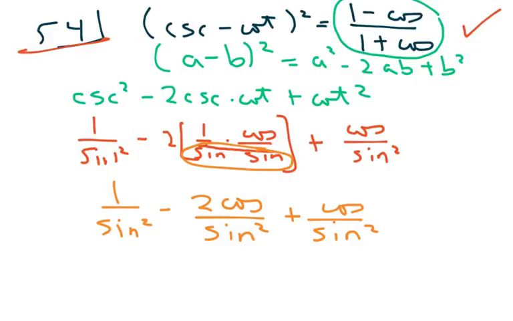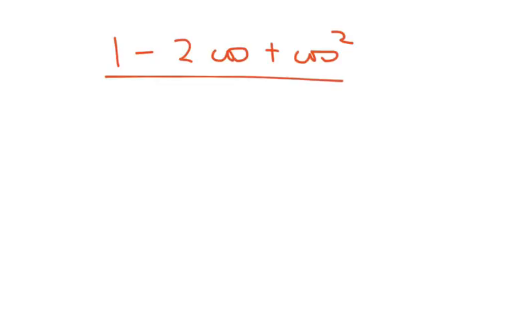Now I can write this all over sine squared, so I have 1 minus 2 cosine plus cosine squared all over sine squared.